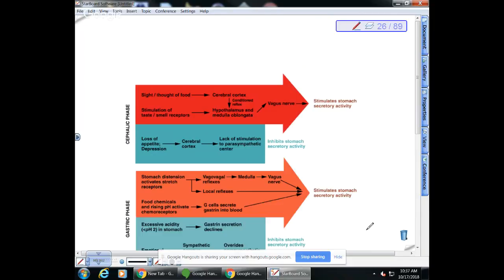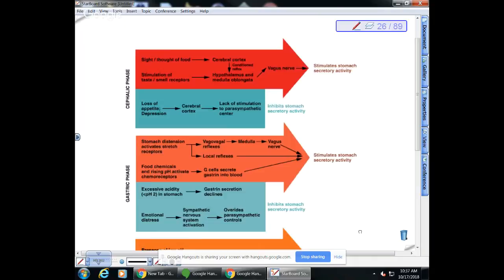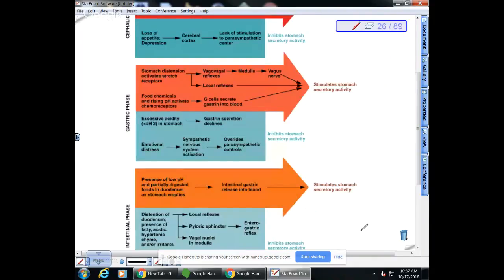You don't take in food, you're not hungry, right? The gastric phase, right? So if you have the stomach getting big and if you get food chemicals, then that is going to increase the secretion. And then if you have emotional stress, the sympathetic nervous system, the fight or flight, is actually going to override the parasympathetic controls, and that inhibits stomach activity.